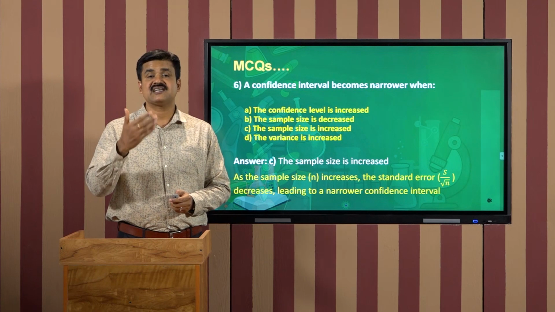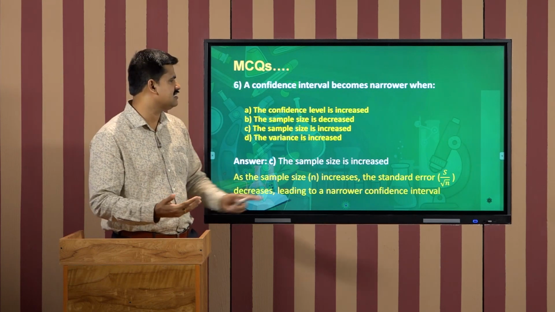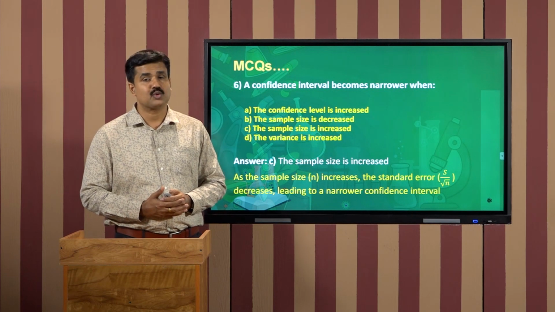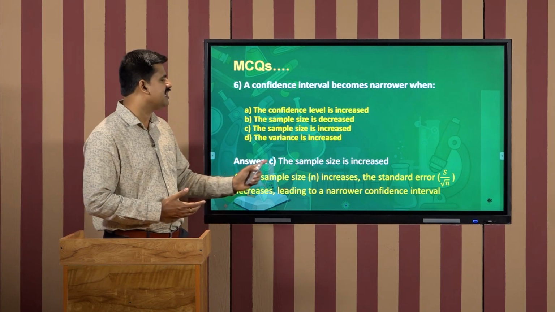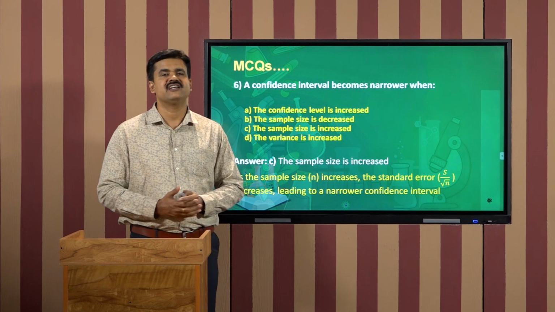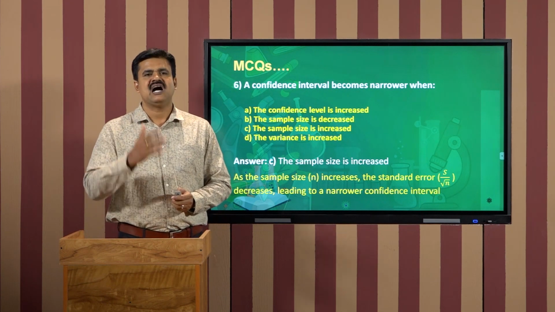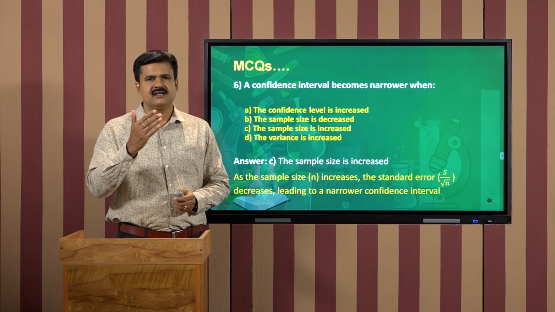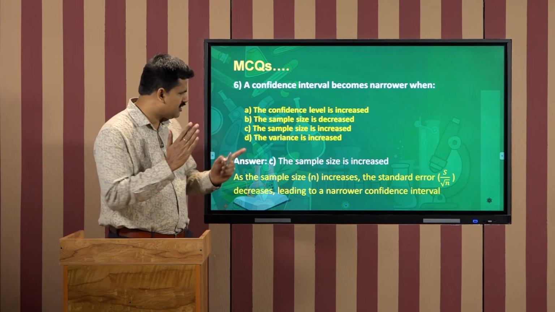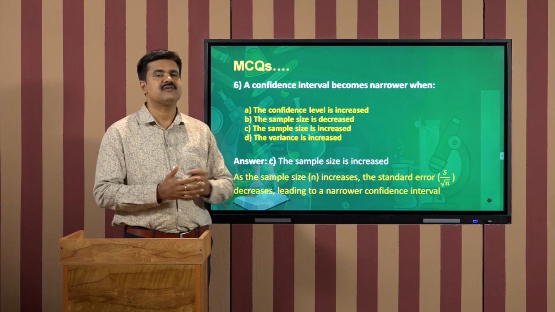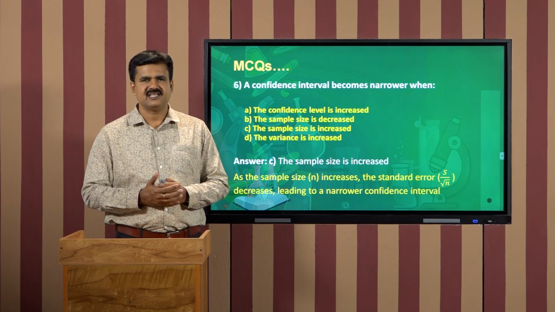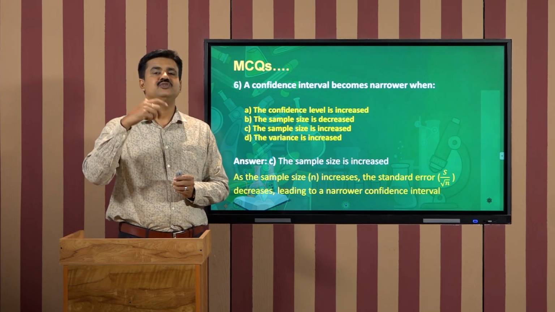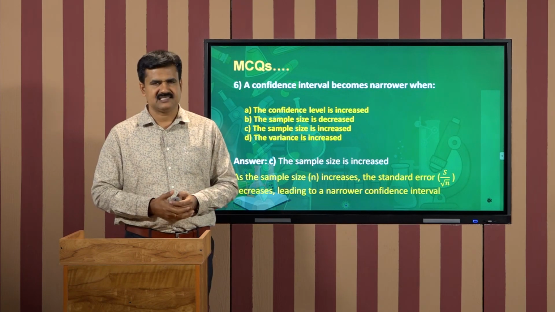As the sample size n increases, the standard error, which is notated as s by root n, decreases, leading to a narrower confidence interval. So, as the sample size increases, it leads to a narrower confidence interval. That is, in order to narrow the confidence interval, you have to increase the sample size.